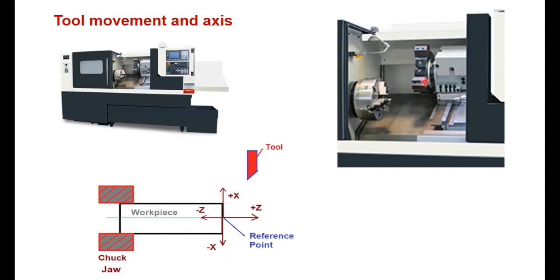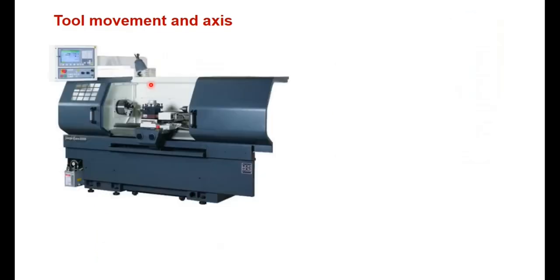Sometimes instead of this we have a lathe machine like this. You can see here the tool post is like this. These are nothing but our regular lathe machines. Wherever the person is working, there you will have your tools.